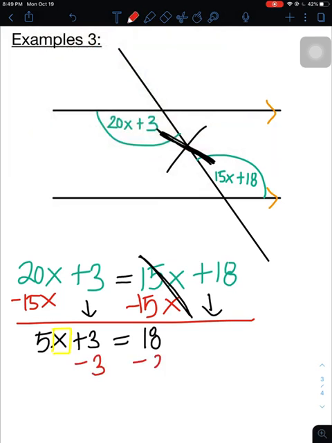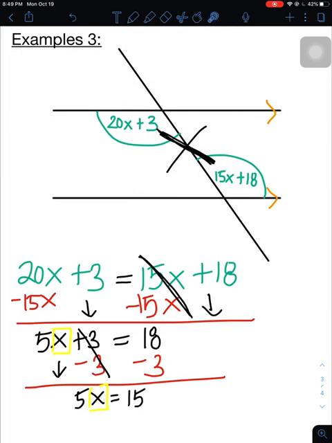All right, now remember that I want to get the x all by itself. So I'm going to use inverse operations to eliminate that plus 3. So that means minus 3, minus 3. This would cancel out. Then bring down my 5x. And 18 minus 3, we get 15.